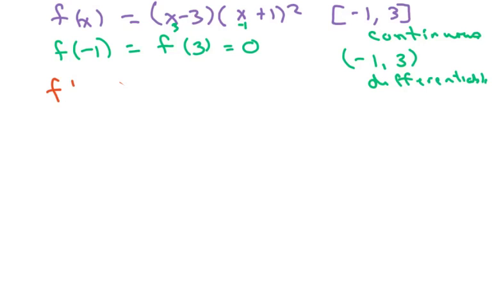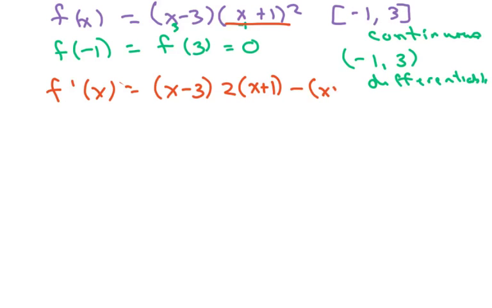So take the derivative of this, and you're going to get x minus 3 times the derivative of this piece, which is 2 times x plus 1, and then plus this piece times the derivative of the first piece, which is just 1.